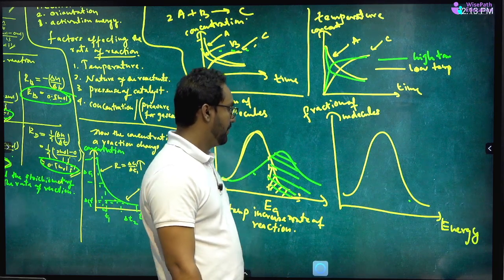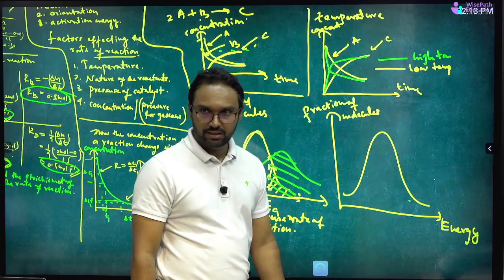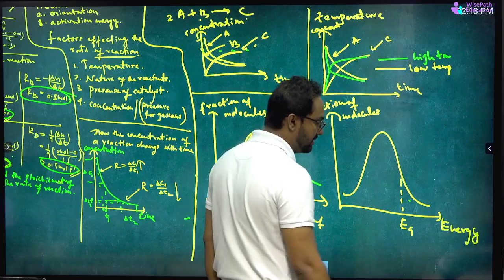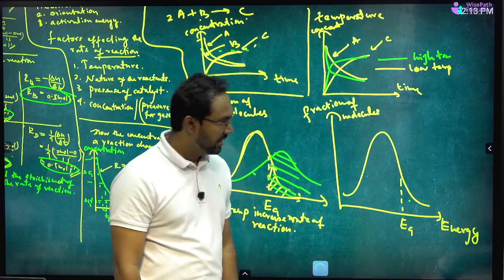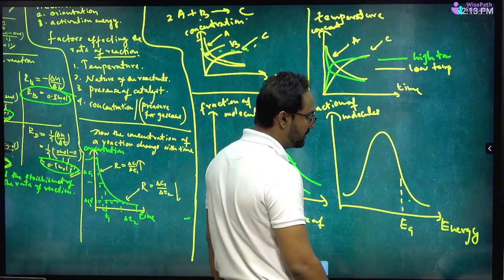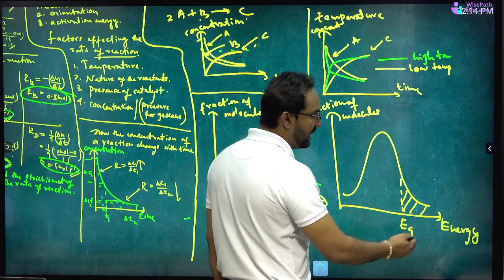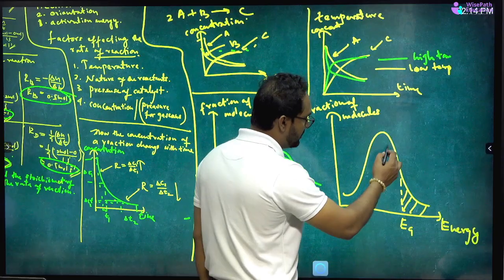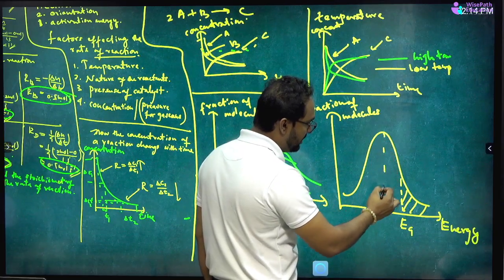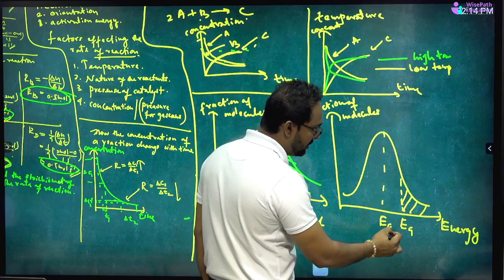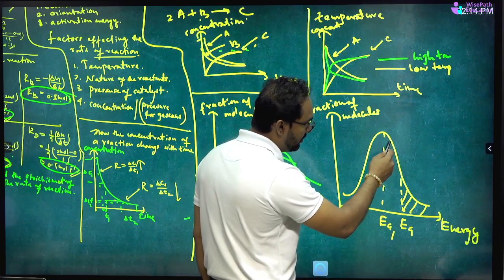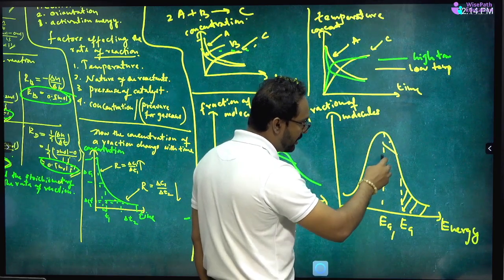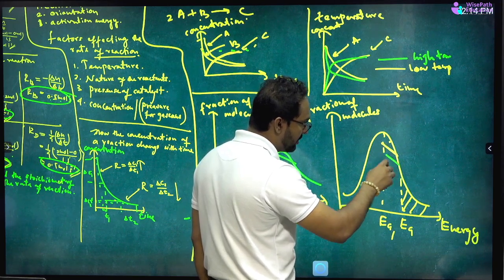And what happens when you put a catalyst? Usually the activation energy is this, right? And when you put a catalyst, what does the catalyst do? It takes the reaction in a low activation energy pathway. So the activation energy becomes low. So now many more molecules have overcome this activation energy and are reacting.